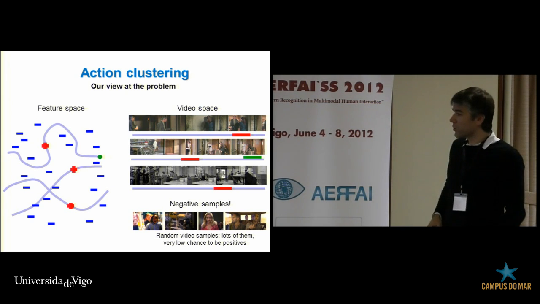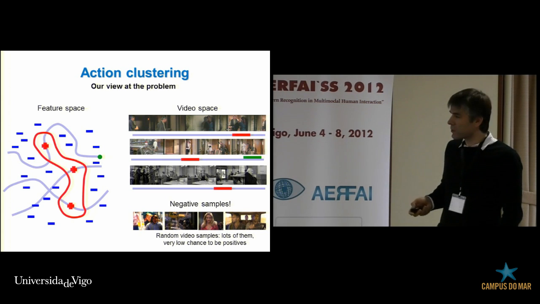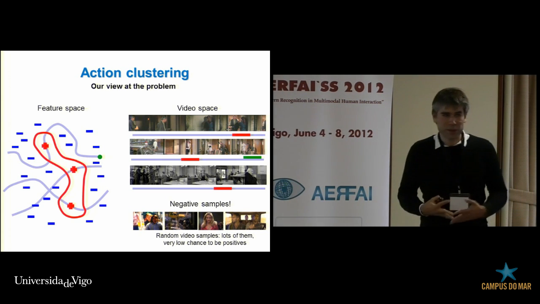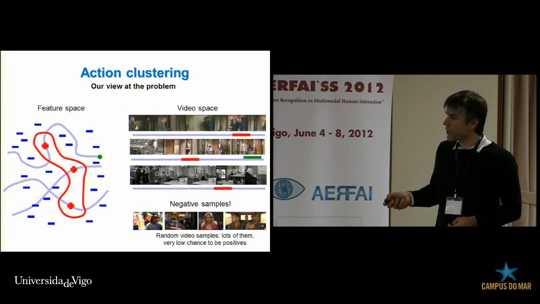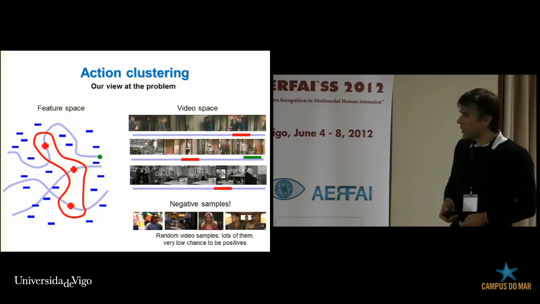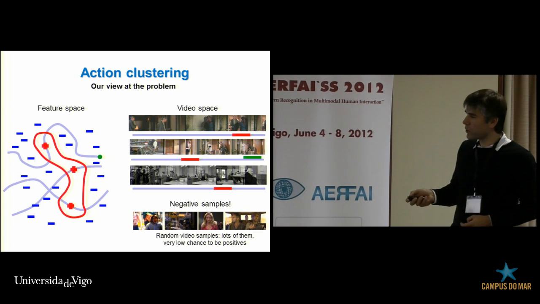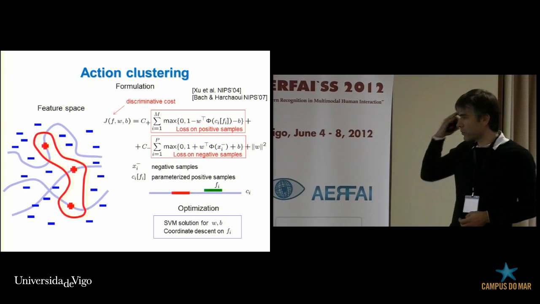And also what we know experimentally is that if we annotate the red crosses, and take the blues as negatives, we can train a reasonable SVM classifier which separates the reds from the blues. Now the problem is that we don't have the red crosses, so we want to discover them and learn the decision boundary at the same time.